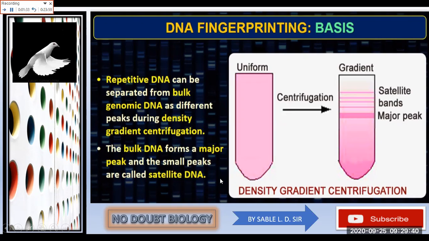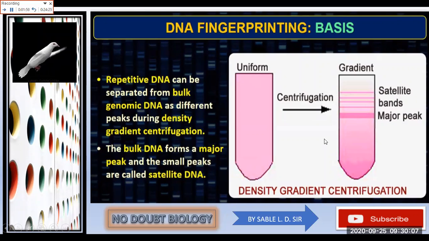Whatever the configuration of the particular gene, it will be repeated and centrifuged, and then there is sequencing of the particular bands. So the particular bands that develop are the satellite bands, and this is the major peak. The major peak and satellite bands are arranged here after the centrifugation process.